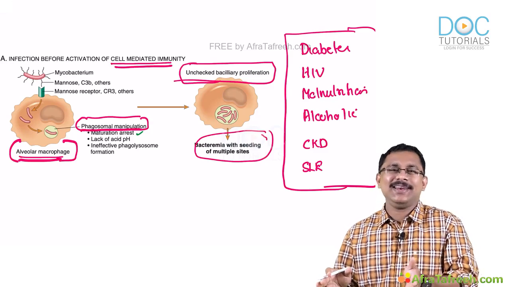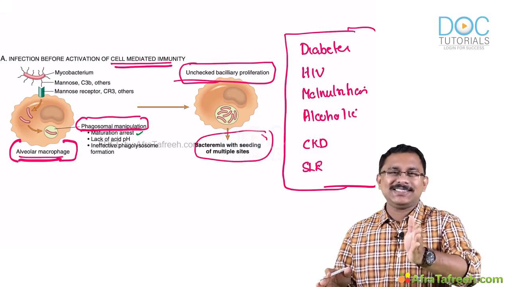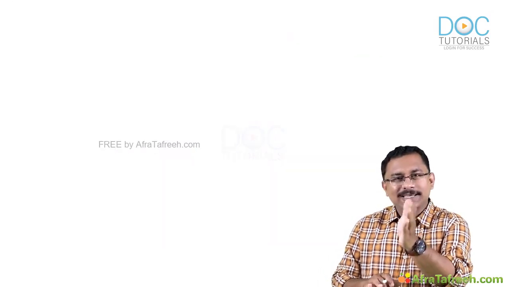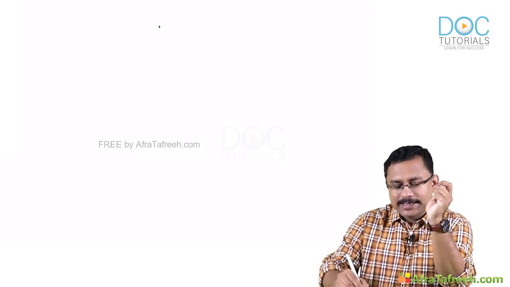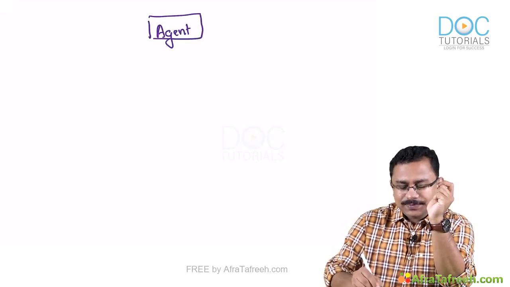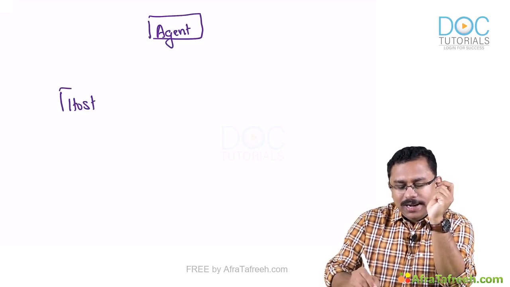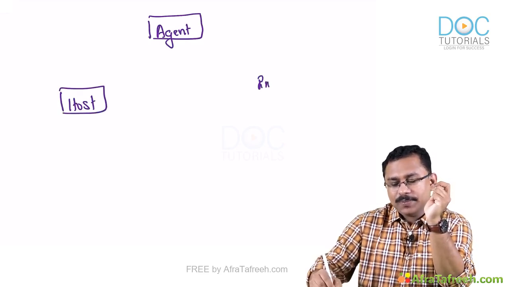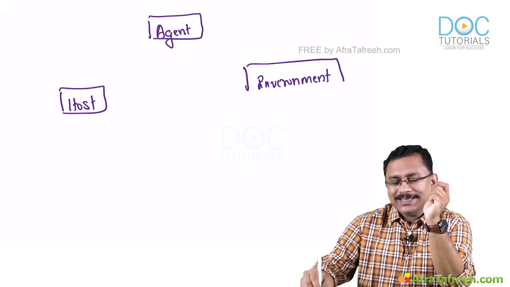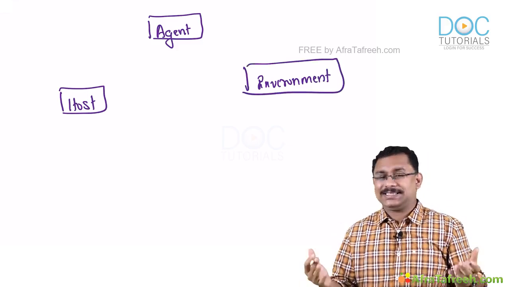Tuberculosis is again not just a simple disease that is caused by Mycobacterium tuberculosis. This is one disease where the agent factors, the host factors, and the environmental factors are important, because not everyone who contracts the bacillus is going to develop the disease.